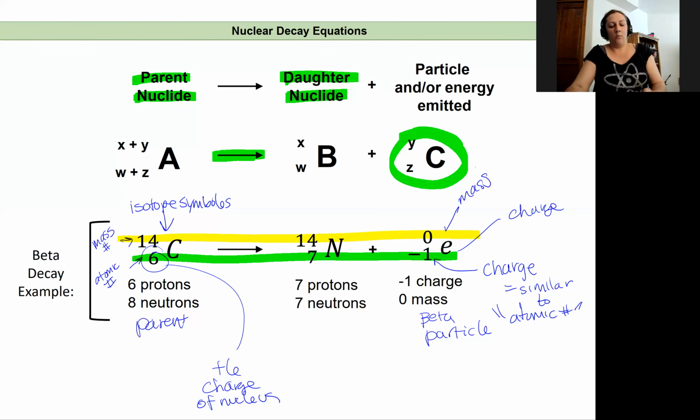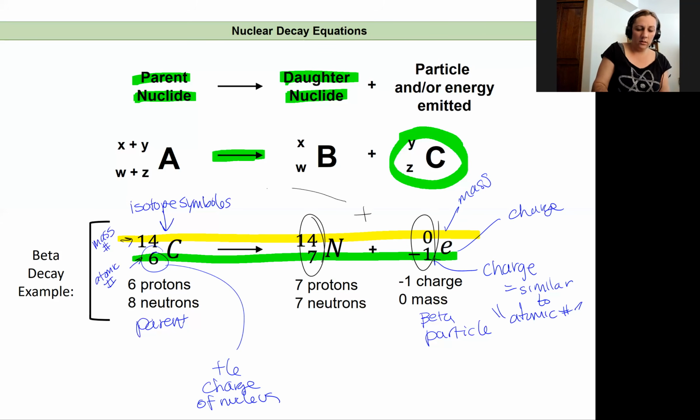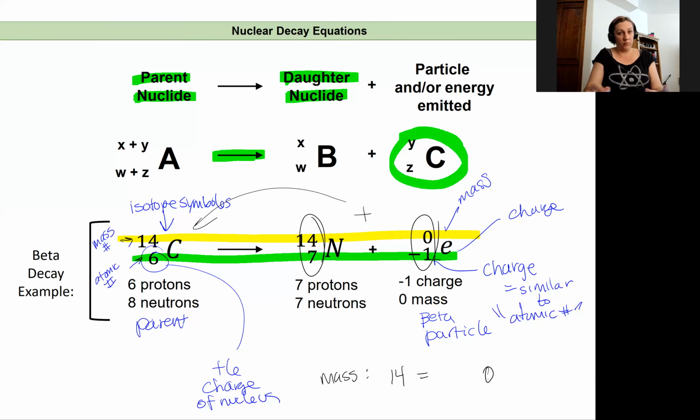And so we can take the sum of these masses and these charges, and they should equal what we start with. So for my mass, I start with 14 for my carbon, and my particle that's released has no reasonable amount of mass compared to a proton or a neutron. And so that means that the mass for my daughter nuclide can't change. It's still 14.